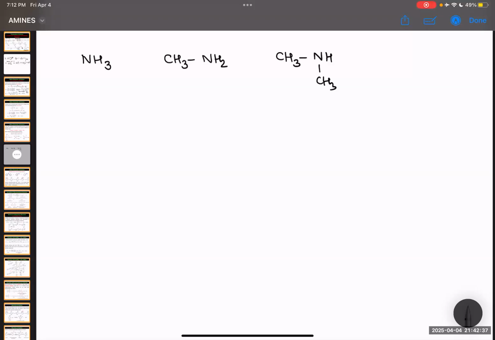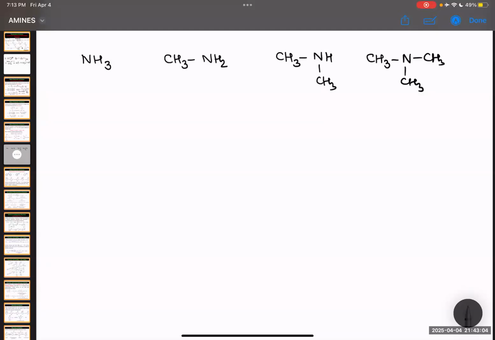And then you have trimethylamine. So you can have these amines, and you can compare the basic strengths. So primary, secondary, tertiary amine. Got it?